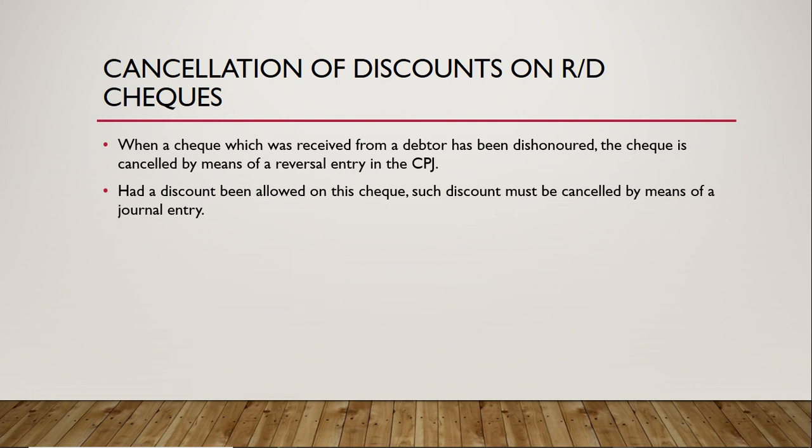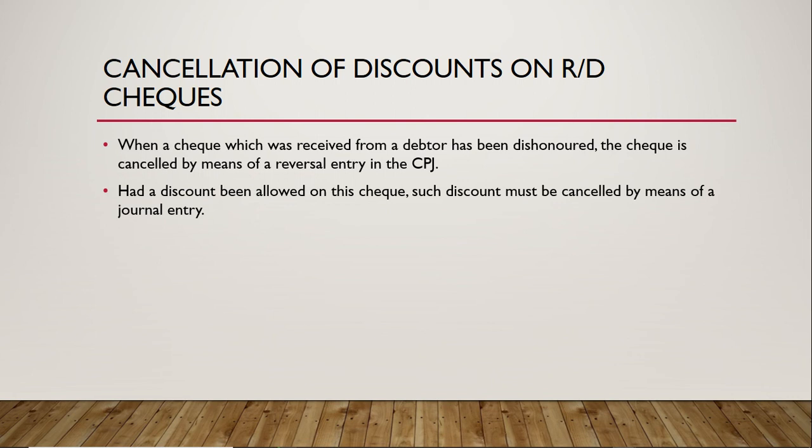Now, the discount that we gave the debtor was recorded in the CRJ because there was a column for discount allowed in the CRJ. Since the money has not been received, that discount allowed must be cancelled. So basically, guys, if a person was owing us 3,500 and we gave them a discount of 500, the 3,500 and that 500 will be recorded in the CRJ.